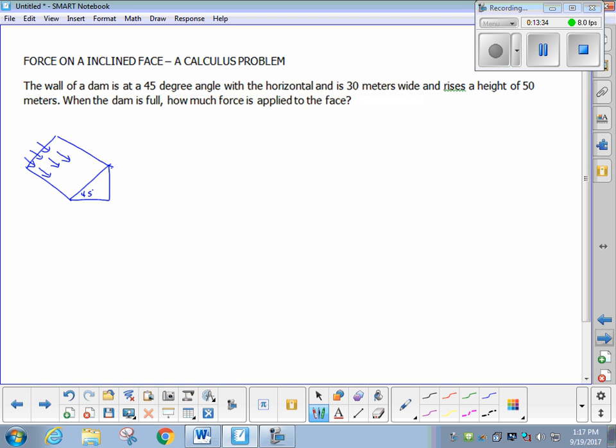Sorry. So I want the total force on this slanted side. I'll tell you what, why don't you think about that on your own, and I will go over it in a second, but I want the total force of all those rectangles.